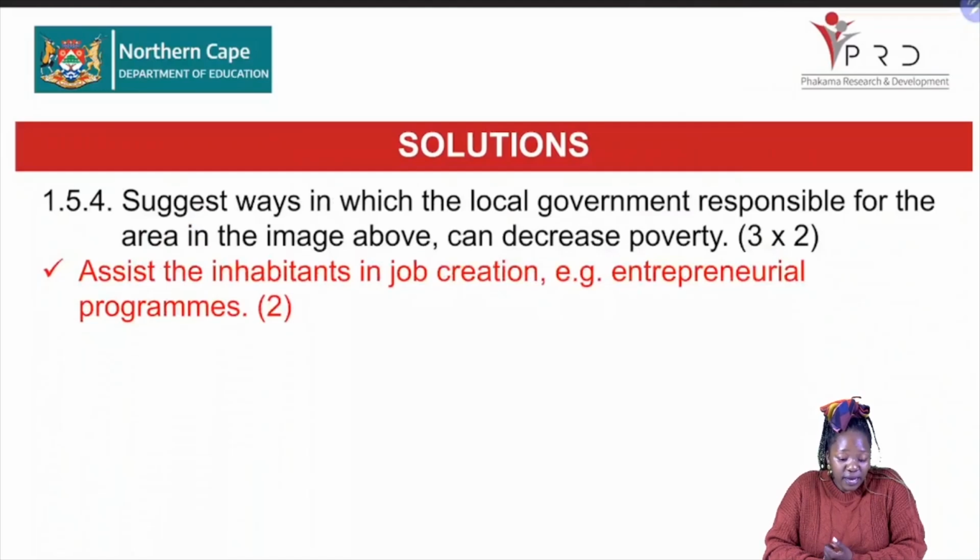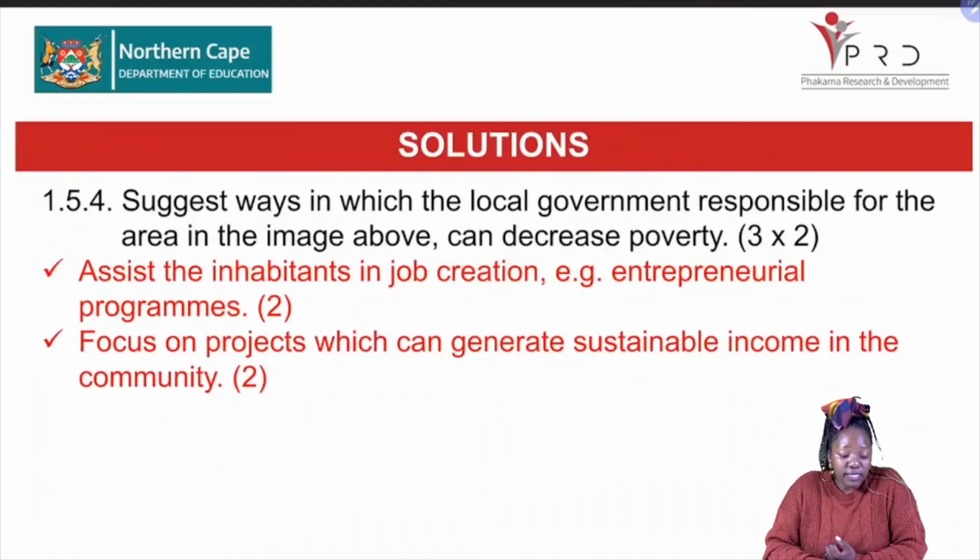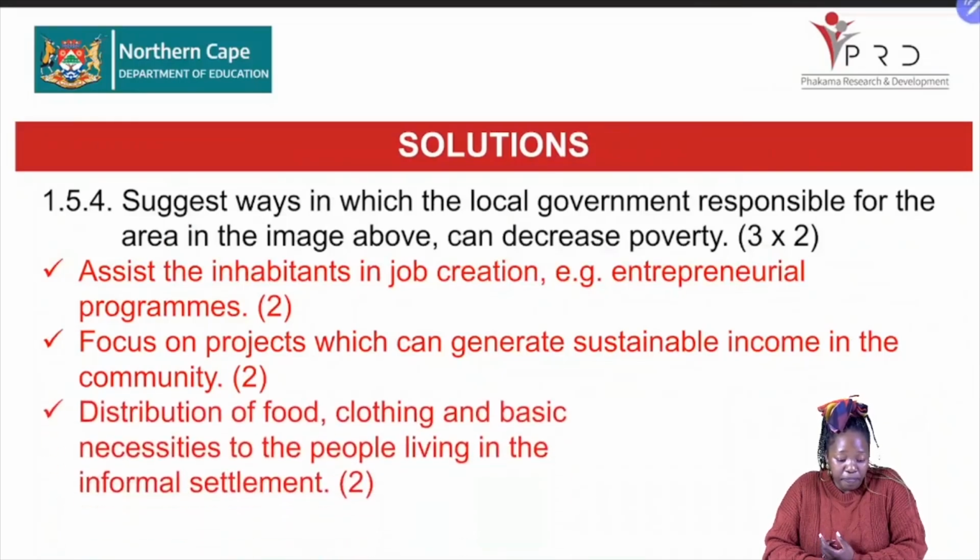So in providing skills for these people, and also having some programs so that they can secure jobs. And also to have some sort of project so that those people either gain the skill so that they can work on their own, or so that they can be employable.